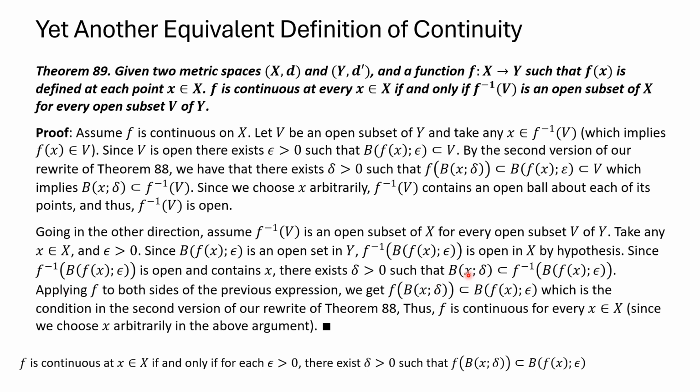Then we apply the function f to both sides of this, and we get that f of the open ball about x of radius delta is a subset of the open ball of f of x about epsilon, which is basically this condition here, and thus f is continuous for every x an element of X, since we chose x arbitrarily up here.